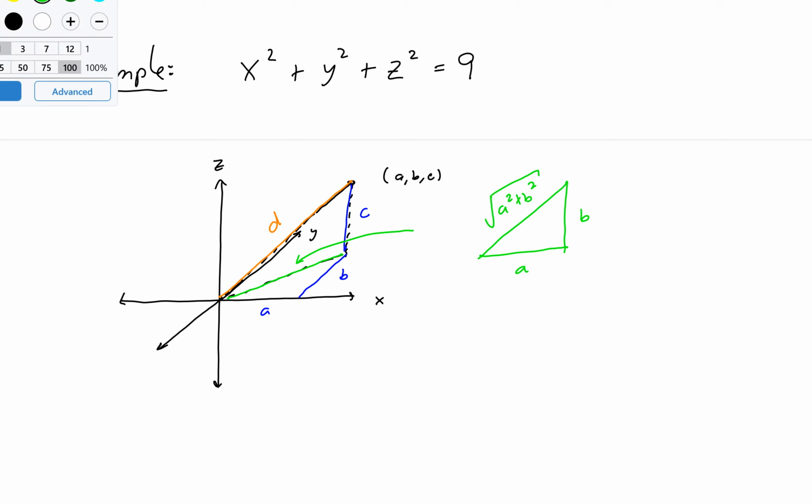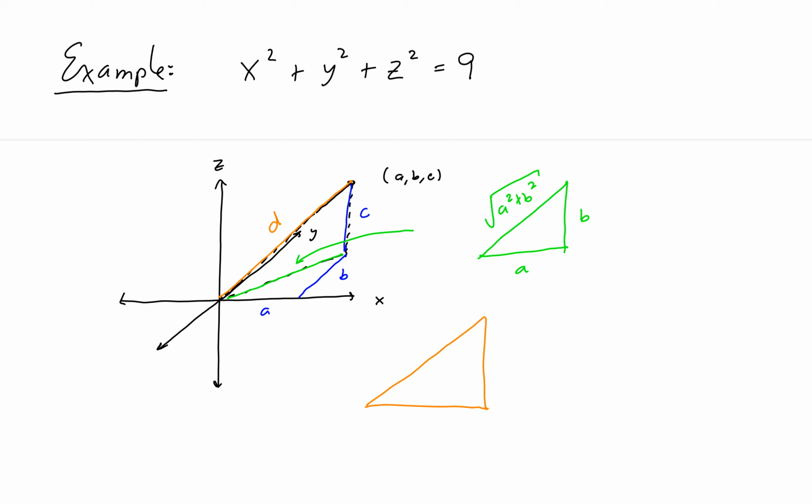Now if I know that distance, I have the other triangle, where this is the D I'm interested in, this is C, and this is the square root of A squared plus B squared.